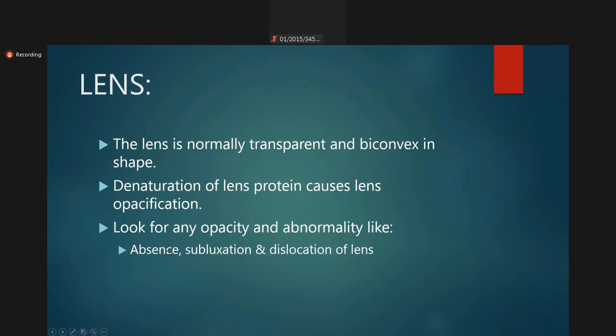So these are the two. Remember, if there is any opacity, absence of the lens, subluxation, dislocation, or any artificial lens which is incorporated after cataract surgery, that is known as pseudophakia.